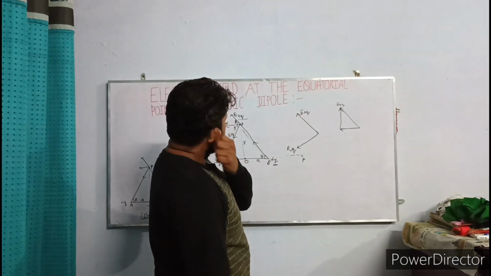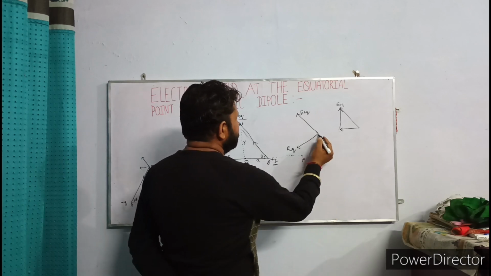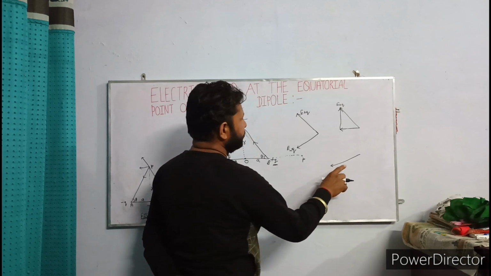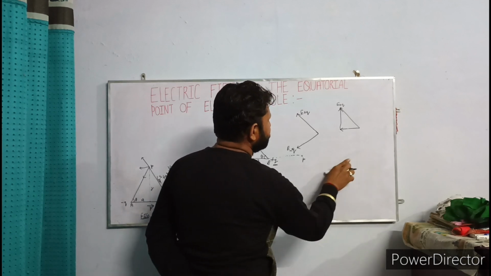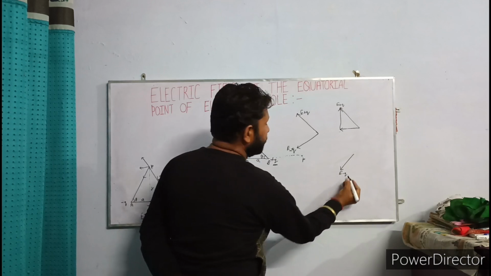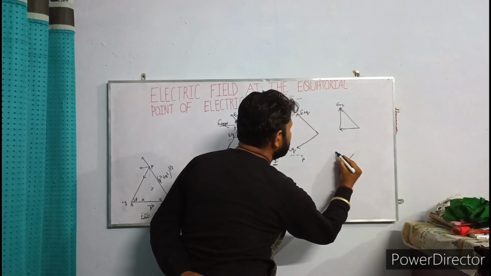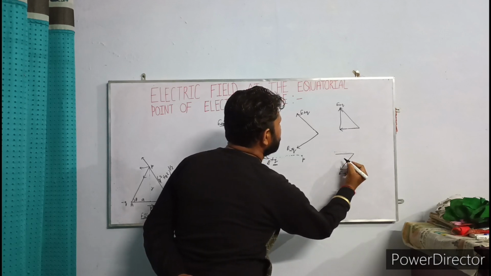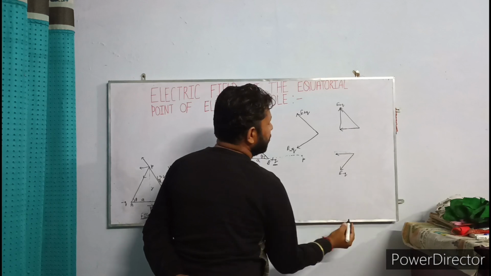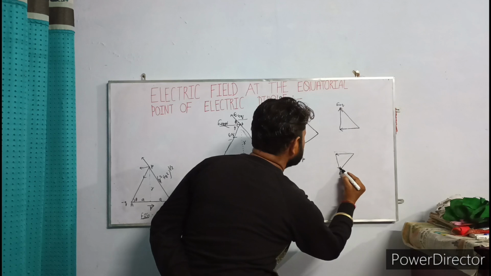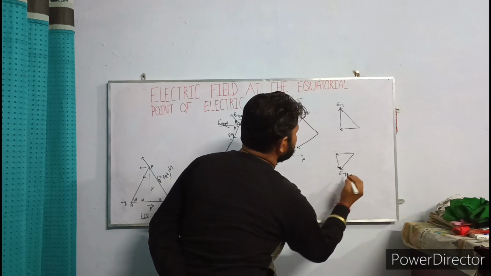Okay, students. And if we draw this line, then its base component is this, and its normal component is this.